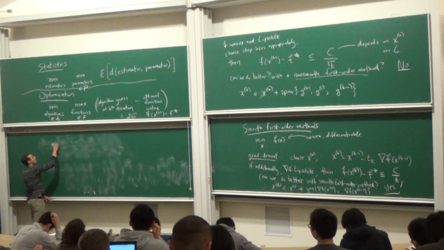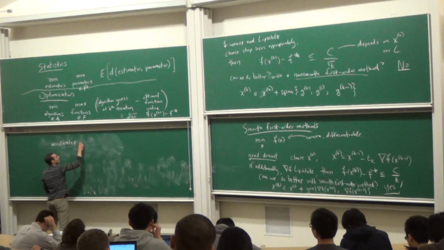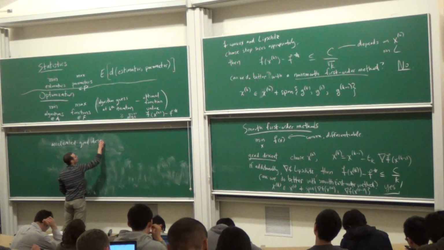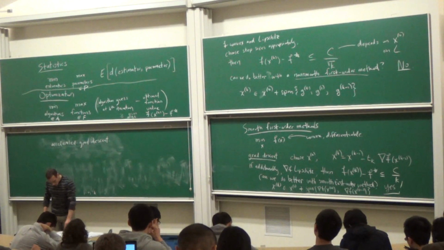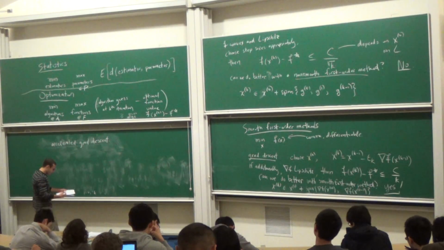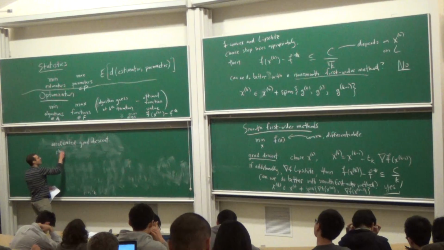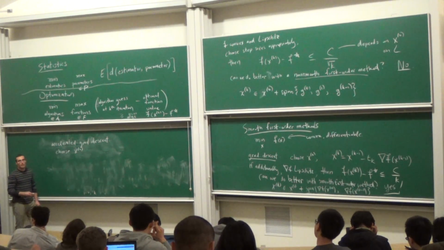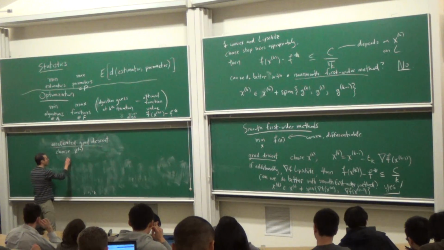So acceleration works as follows. Accelerated gradient descent. So who else could it be due to other than Nesterov? But here's what we do. So we choose some initial point x0. And then repeat the following steps.